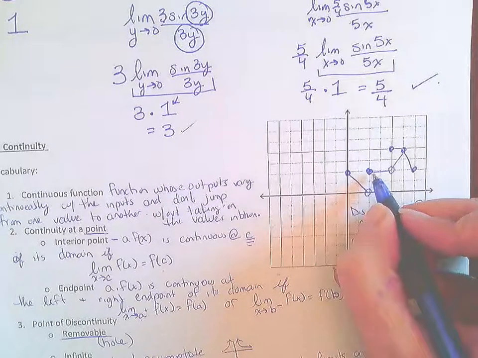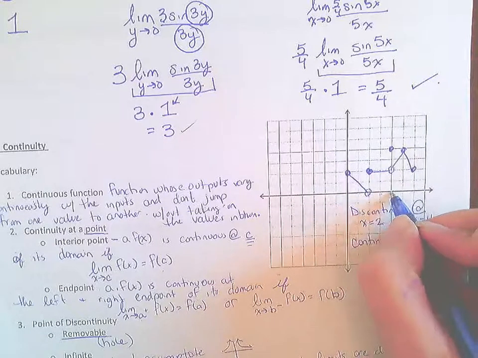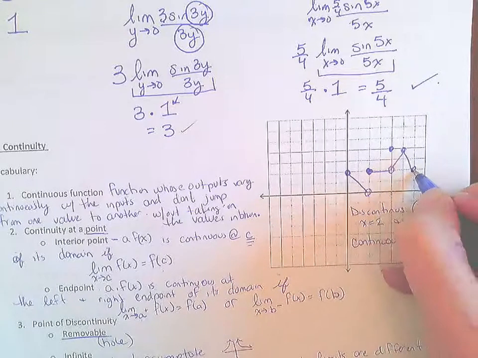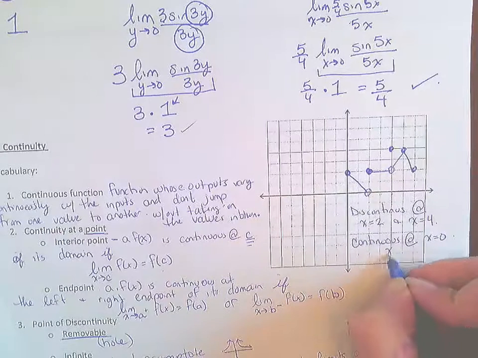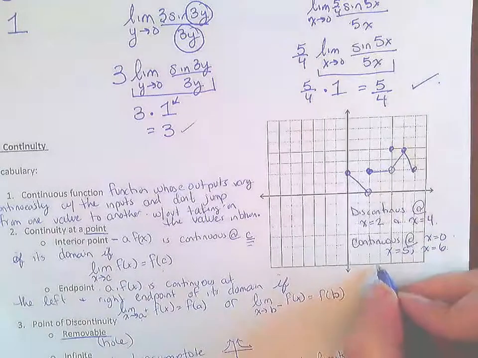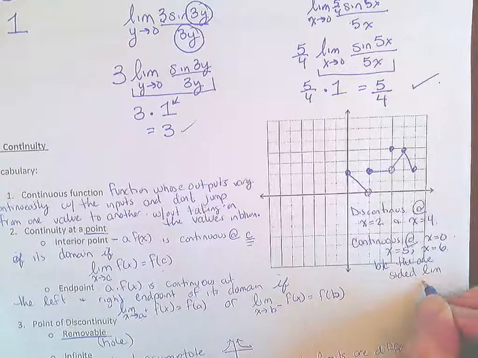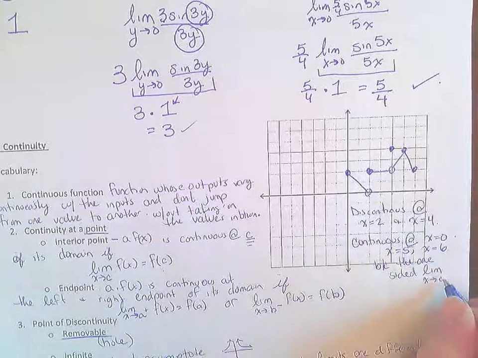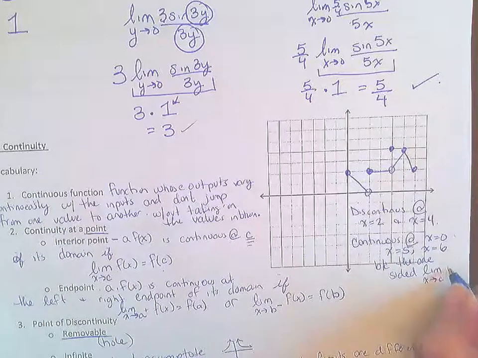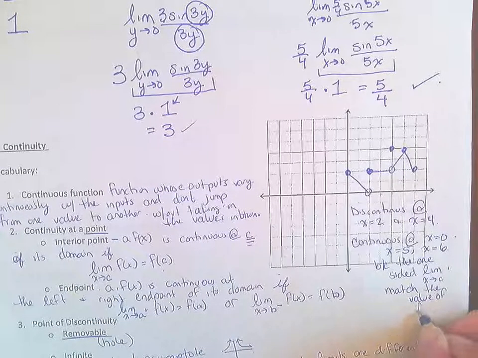It is also continuous at 5, and it's continuous at 6, because the one-sided limit as x approaches those numbers matches the value of the function.